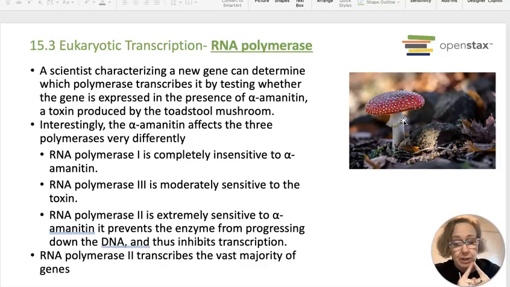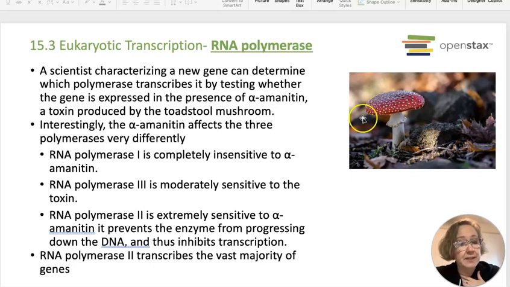So if you are characterizing a new gene, which we will be doing potentially in lab, we will need to determine which polymerase transcribes it. We will test this with the process of alpha-amanitin. I'm having trouble saying it today. Anyway, it's a toxin that's produced from this toadstool.